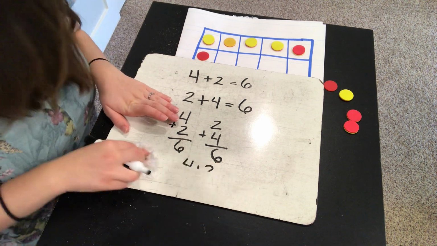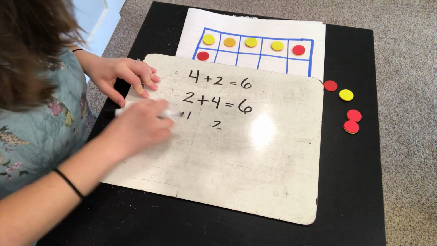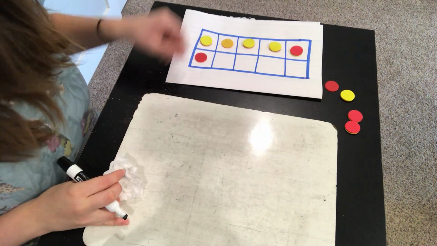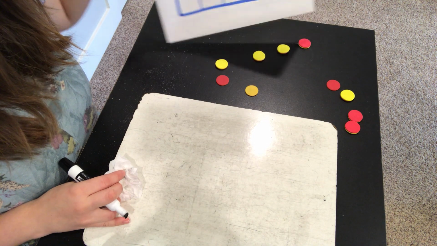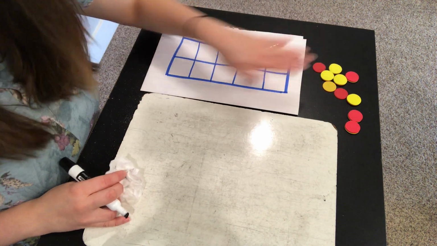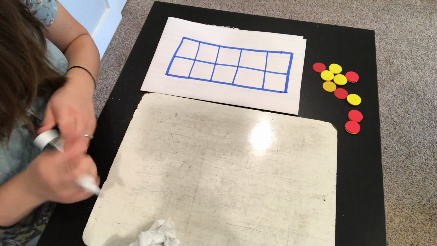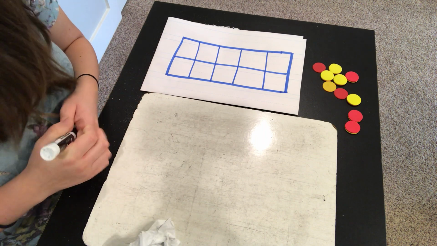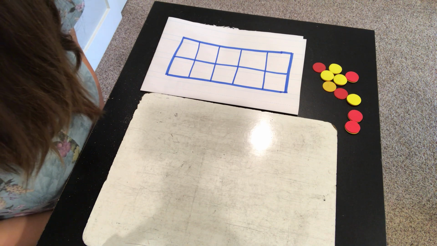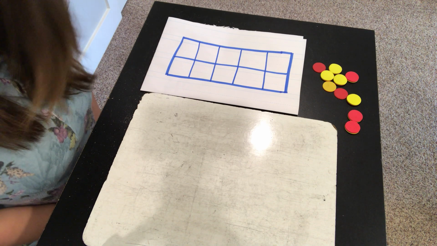Okay, let's do one more problem together. So clear your board or whatever you're using. Okay, ready for the next one? Millie baked 9 cookies. Her friends ate 7 of the cookies. How many cookies does Millie have left?